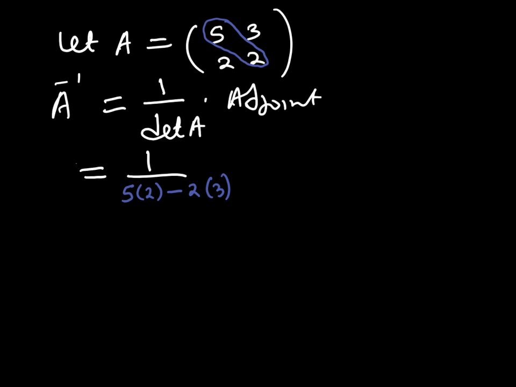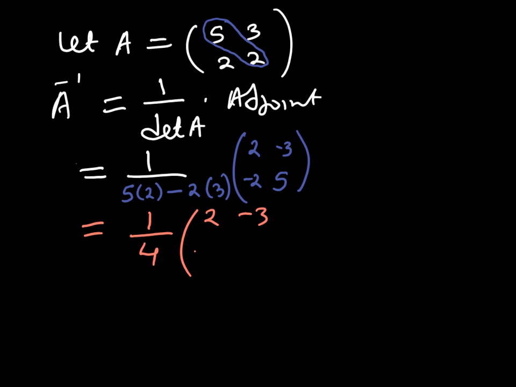The adjoint has the elements on the principal diagonal changing their positions, and the other elements just change their signs. So what do we get? 10 minus 6 is a 4. Then this is a 2, minus 3, minus 2 and a 5.